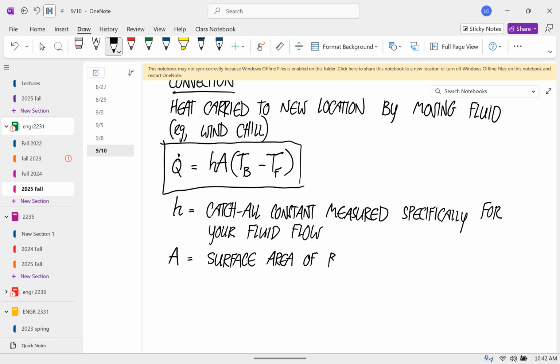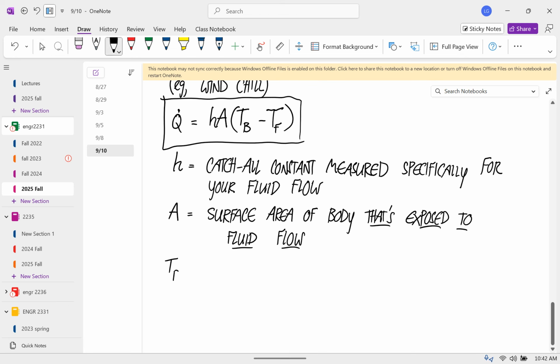So the surface area of the body that's exposed to the fluid flow. And then TB is the temperature of the body. And TF is the temperature of the fluid.